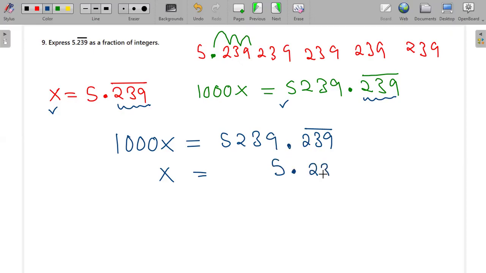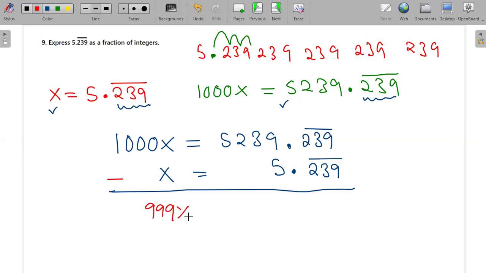Let's subtract these. 1000x minus 1x gives 999x is equal to, and here you can see that after the decimal point, because I have the same things, it's just going to be 0.